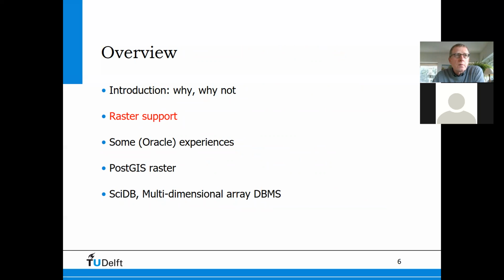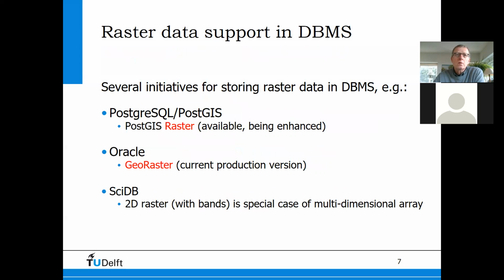Okay, let's have a look at what we expect from a database to provide raster data functionality. There are indeed a number of options available, like Postgres and PostGIS. There's the raster option. It's available, but it's still under development, so every year it gets a bit better. Oracle GeoRaster is in production.